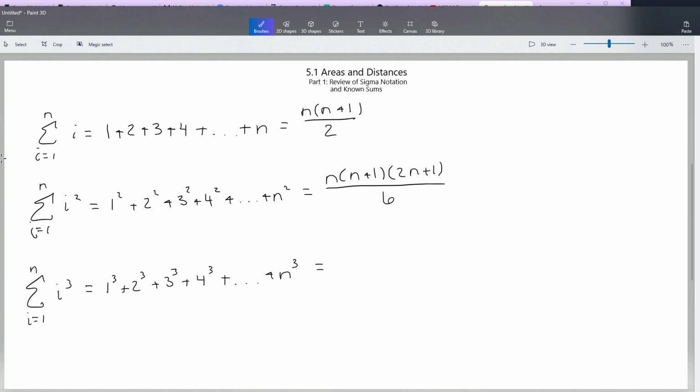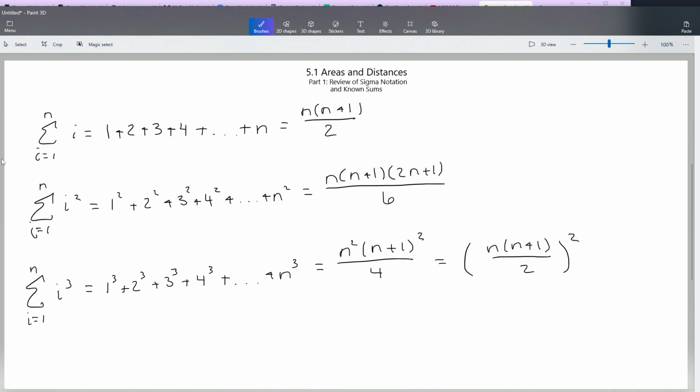Okay, and this is going to be n squared times n plus 1 squared over 4. Okay, an alternate form of this is n times n plus 1 over 2, squared.